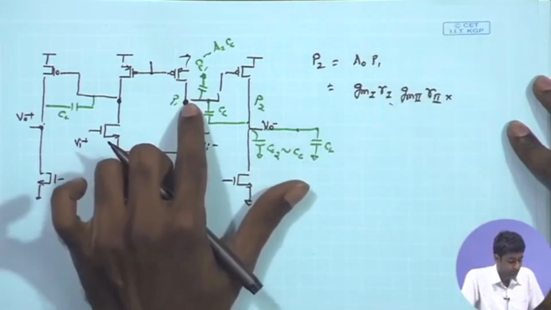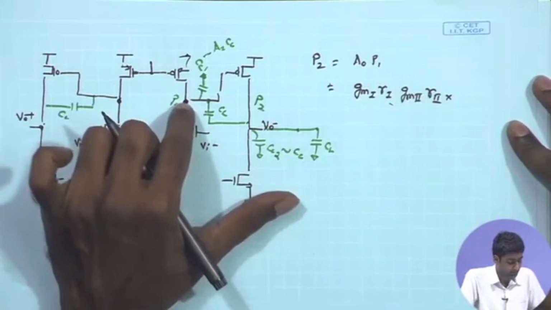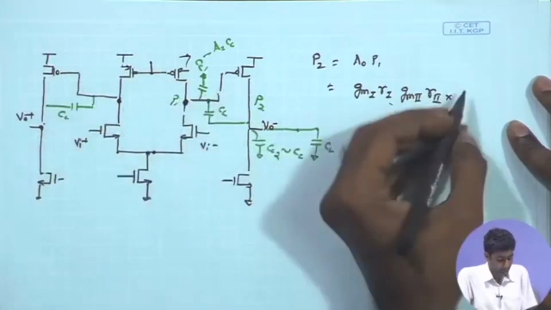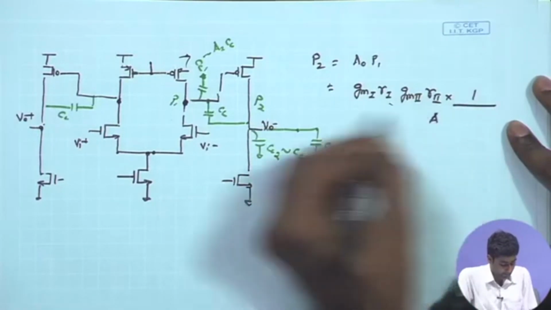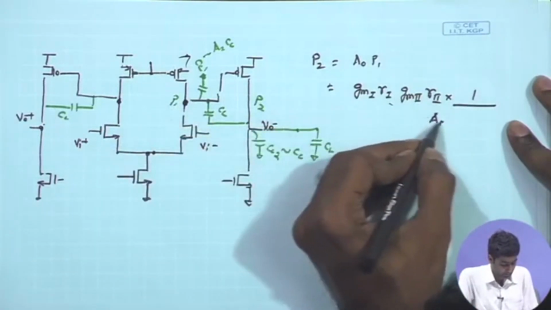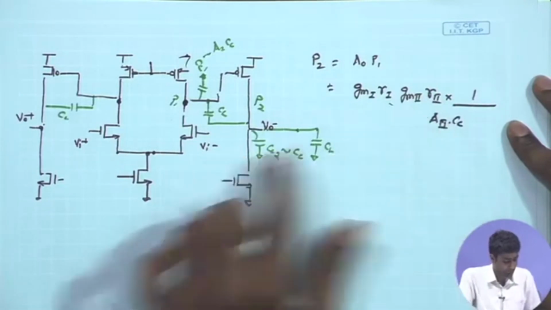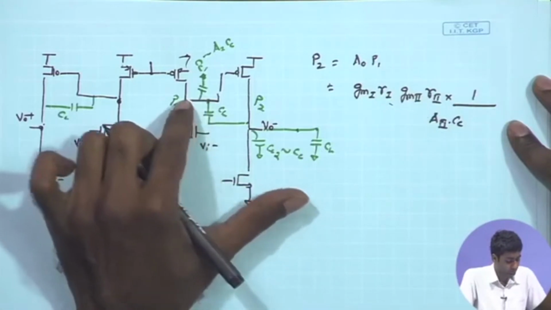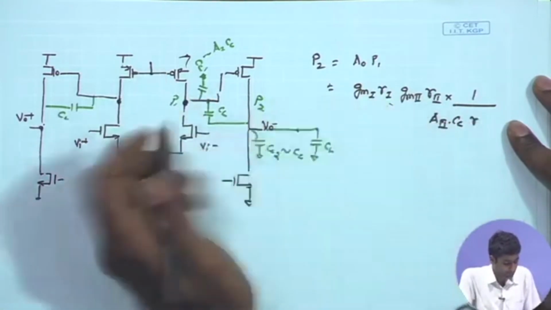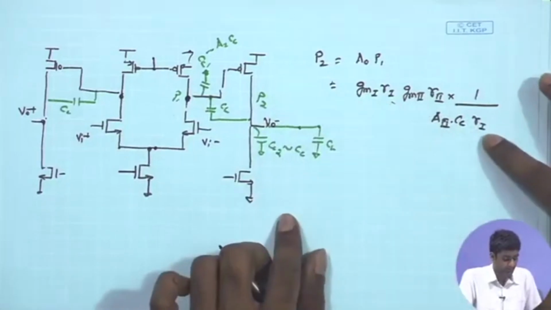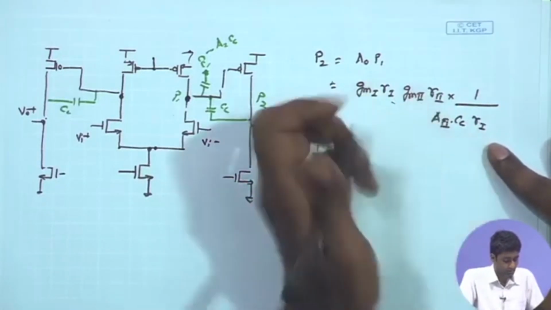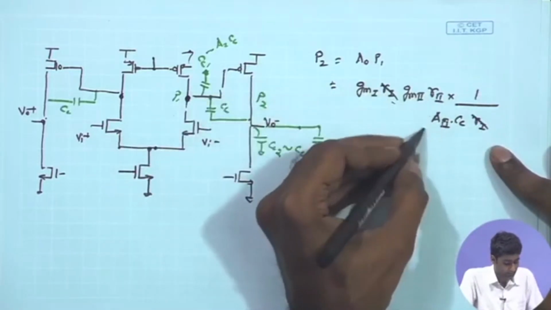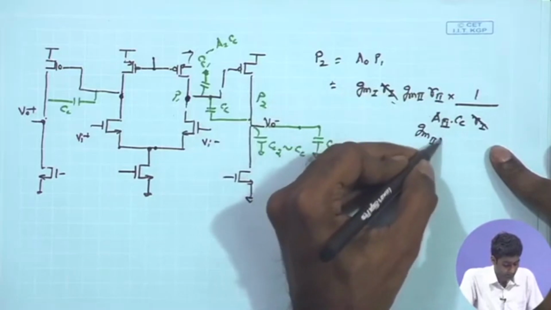So, for the P1, we know that the overall capacitance at this node has been modified as A2 times Cc, which is basically nothing else but GM2 times R2, and then you have the overall small signal resistance still given by the R1. So, this is your P1. Here we can get R1 cancelled, and you have A2, which is basically GM2 times R2.